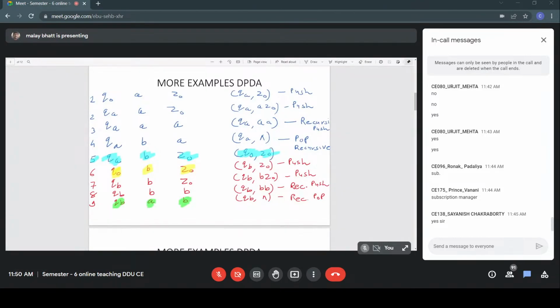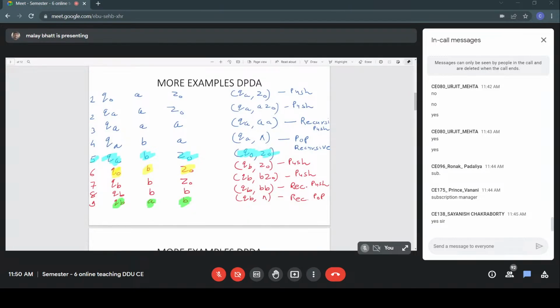Now similarly we have QABA. QA is your current state, B is in the input, A is on the top of the stack. So this A will match with B in the input and it will cancel out. It is a recursive rule, QABA. Our state is still QA.